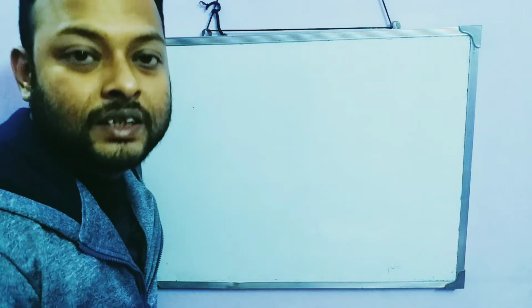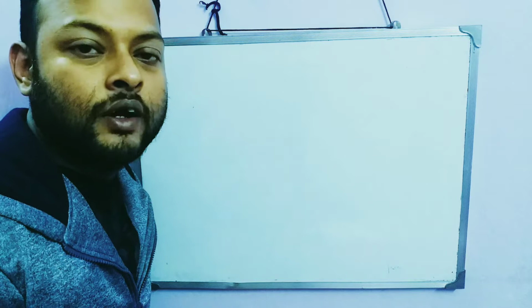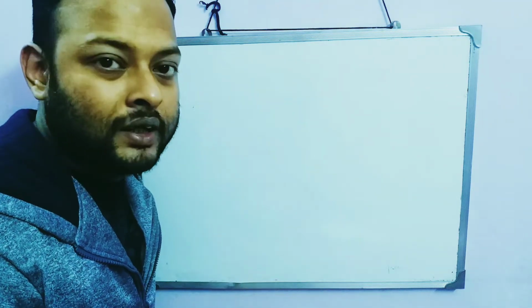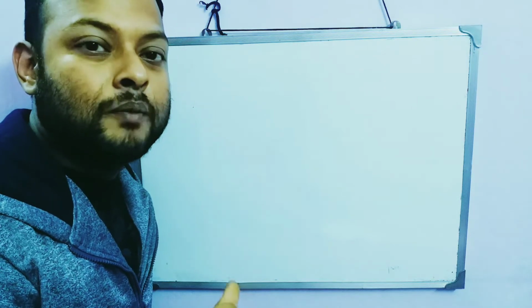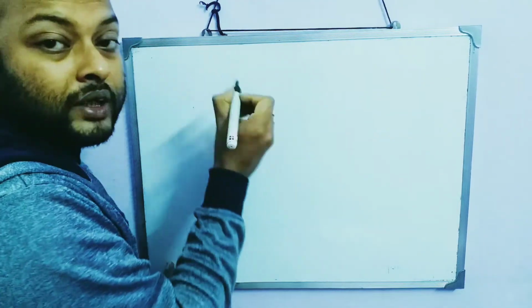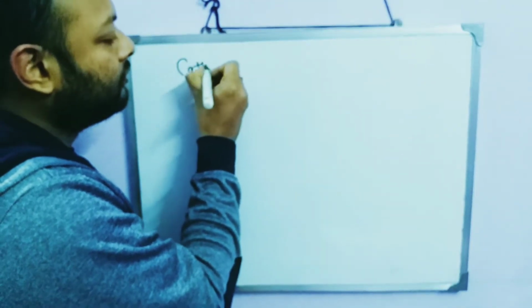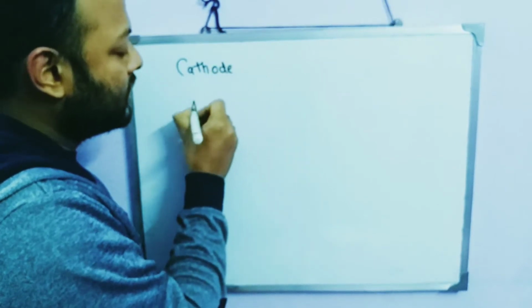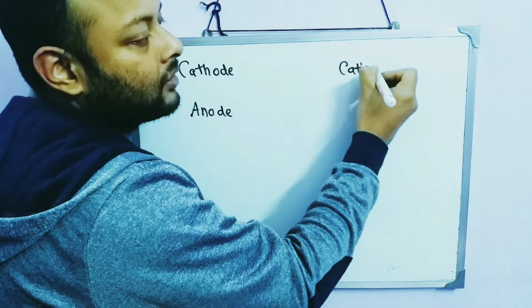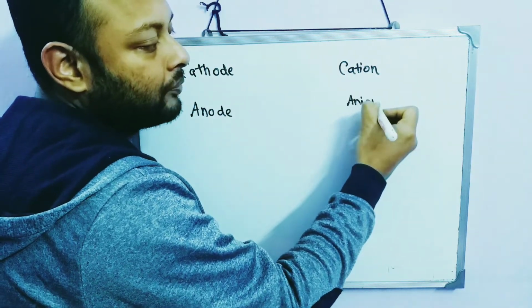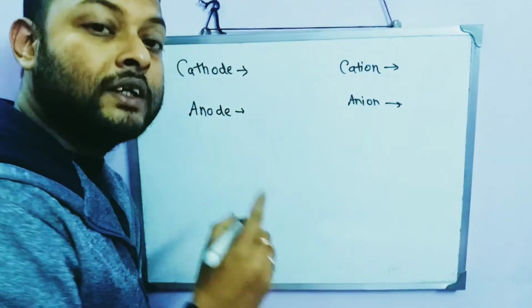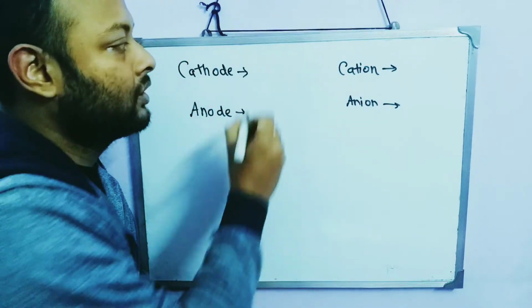Now, before understanding EMF, you need to have small ideas about the chapter electrolysis in your chemistry. You need to have the basic idea about that chapter. So first thing that you need to know: what is a cathode, what is an anode, and what is a cation, and what is an anion.